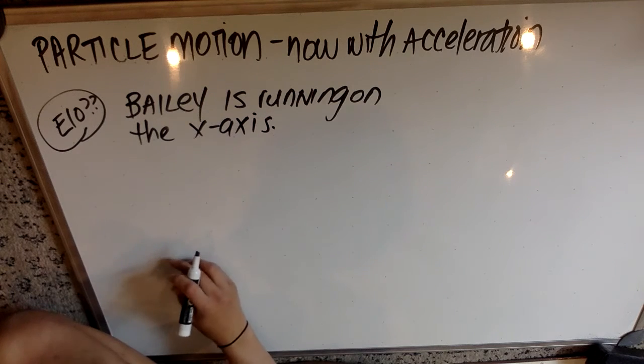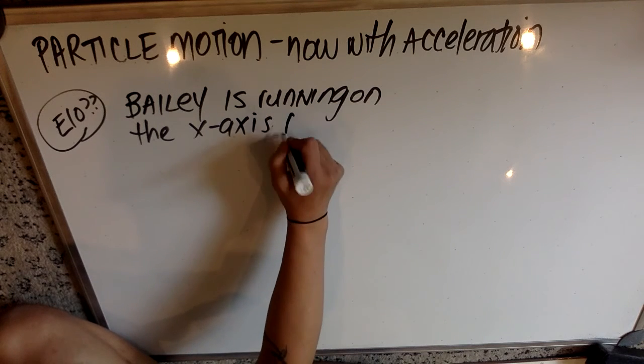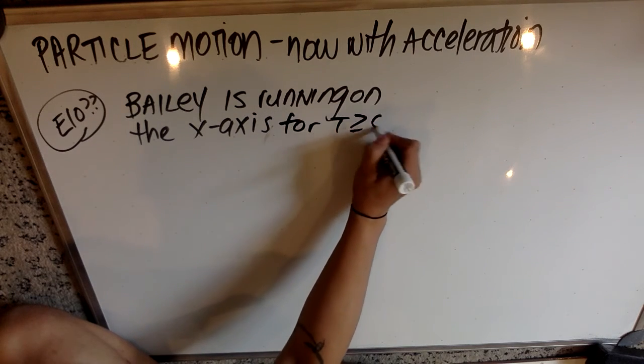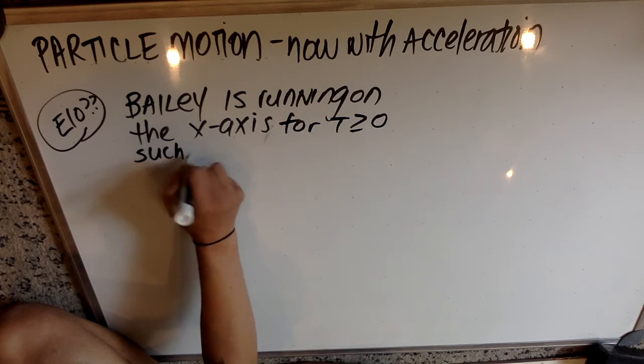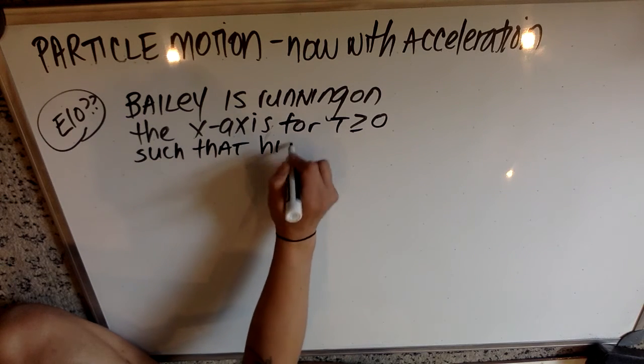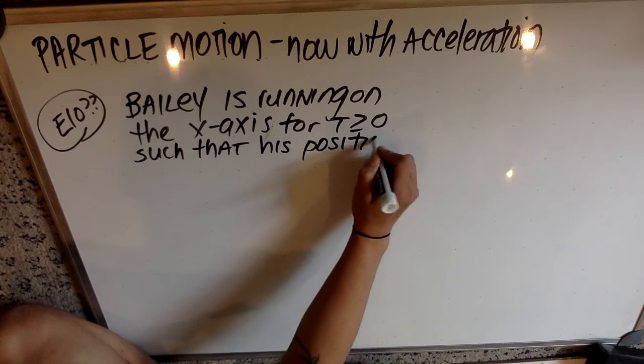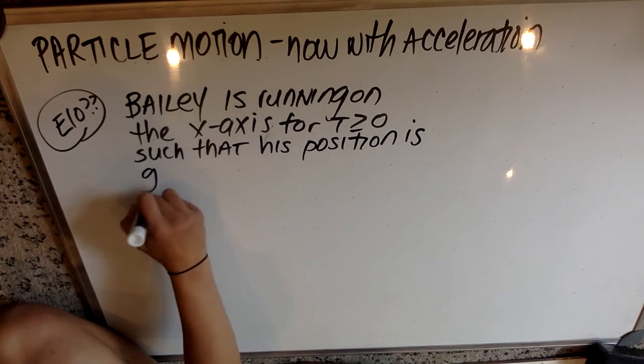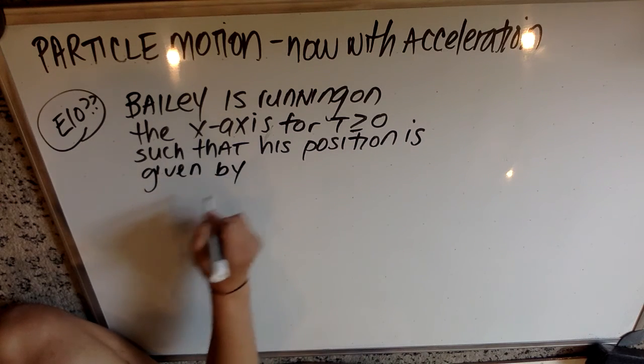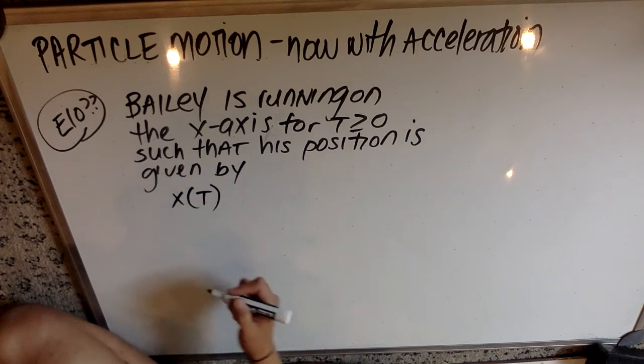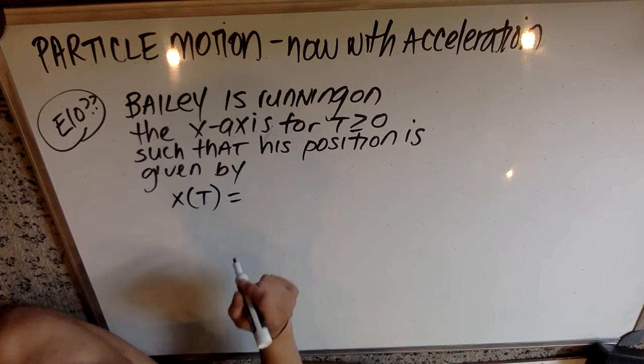So his position is going to be x of t, for t greater than or equal to 0, such that his position is given by x of t. I could have done b of t for Bailey, but it's cool. I'm just going to do x of t.